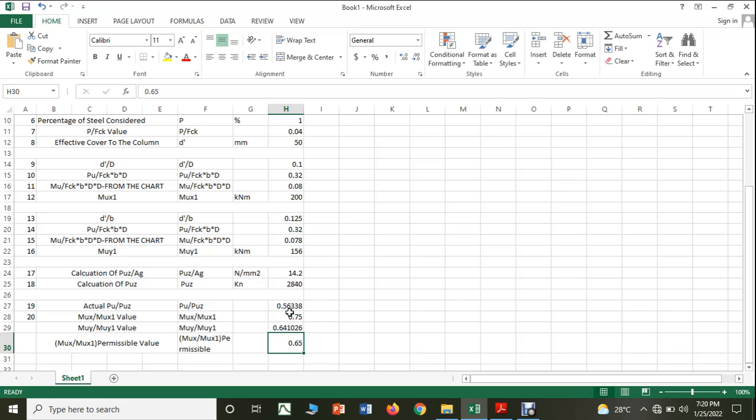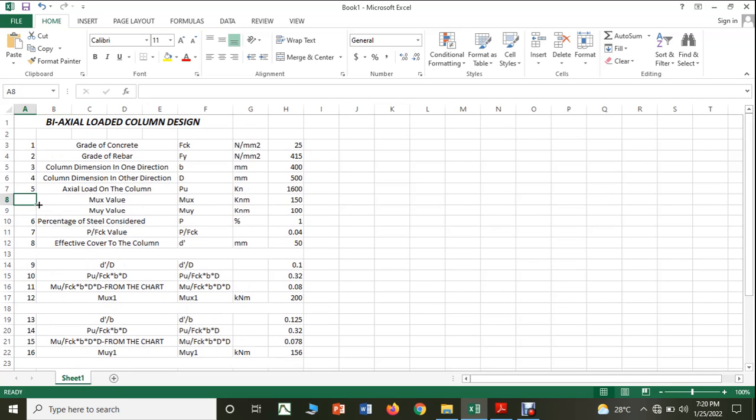So when we are doing the design of a biaxial column theoretically, we are supposed to follow this procedure, which is a long procedure. Therefore in the next class we will learn how to shortcut this method, how to consider the biaxial moment in the design consideration, and how to reduce the steps. Right, so let us finalize this.